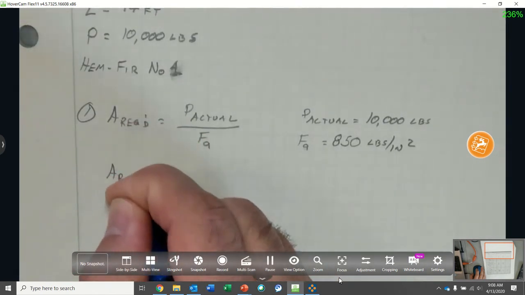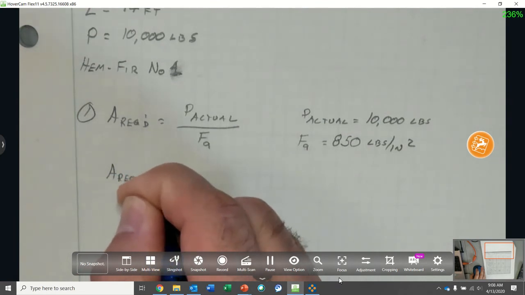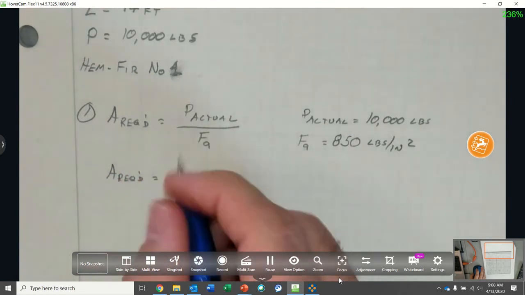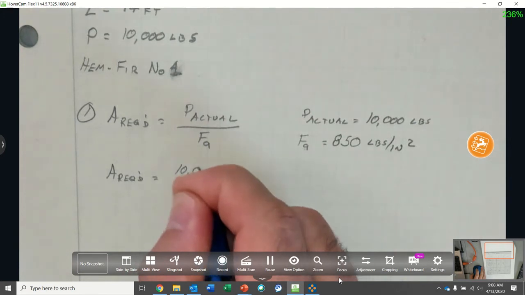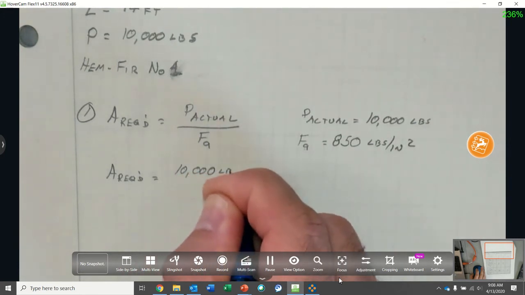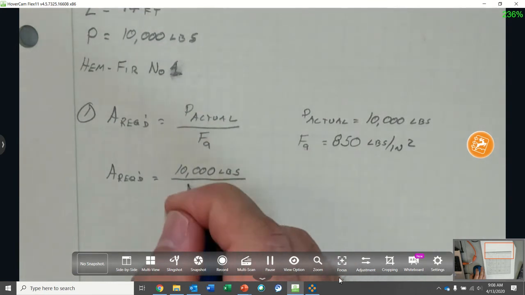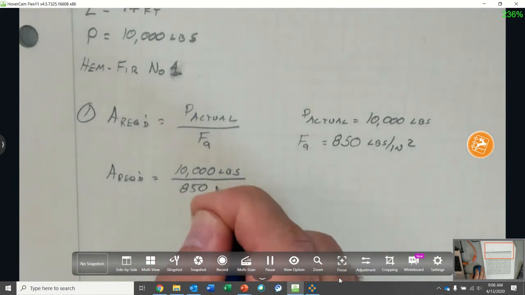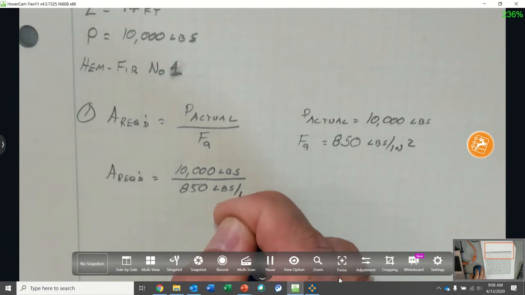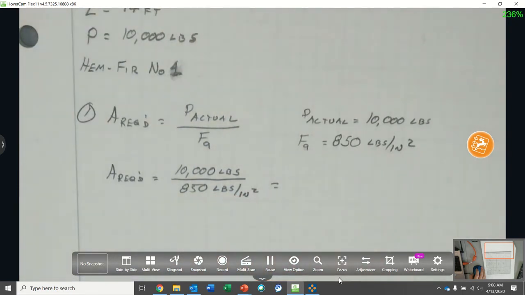So my required area, so I don't crush it, equals 10,000 pounds divided by 850 pounds per square inch, and I divide that out.